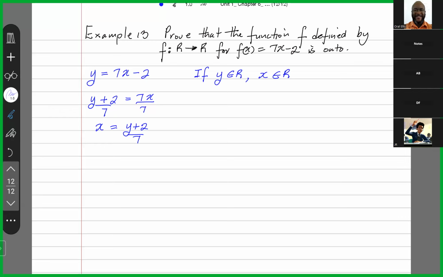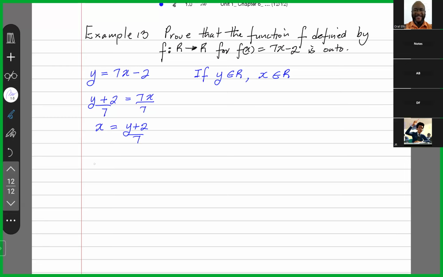So that's the first thing. If y is a real number and x is equal to y plus 2 divided by 7, any value of y I choose, I will always get a corresponding value of x. Every value of y being an element of the set of real numbers that I select, using the formula x is equal to y plus 2 over 7, I will always get a corresponding value of x.